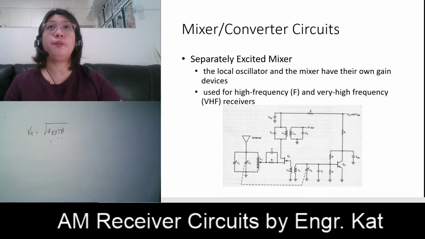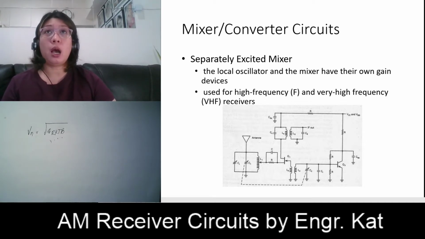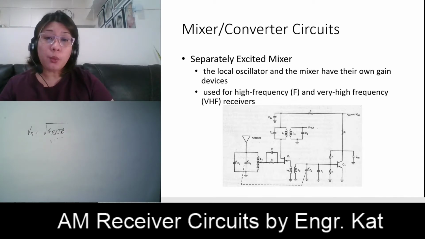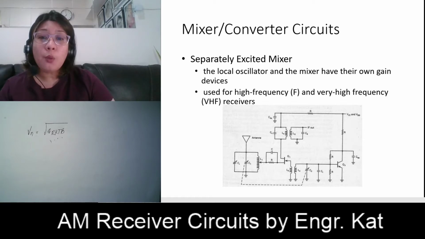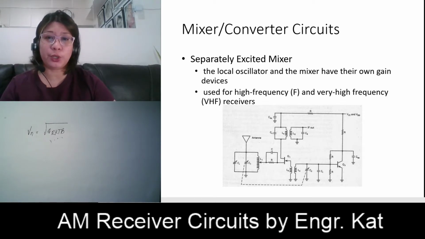Our next type of mixer is what we call the separately excited mixer, wherein, as you can see, our local oscillator and the mixer each have their own gain already.